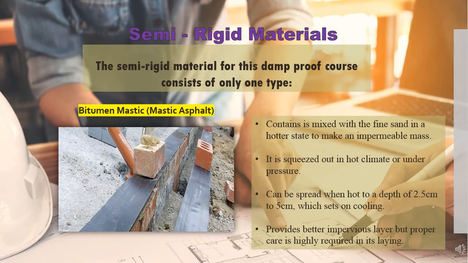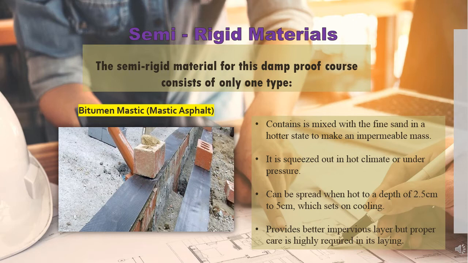Second material component is semi-rigid materials. The semi-rigid material for damp-proof course consists of only one type, which is bitumen mastic or mastic asphalt. This material is mixed with fine sand in a hot state to make an impermeable mass. It is squeezed out in hot climate or under pressure.